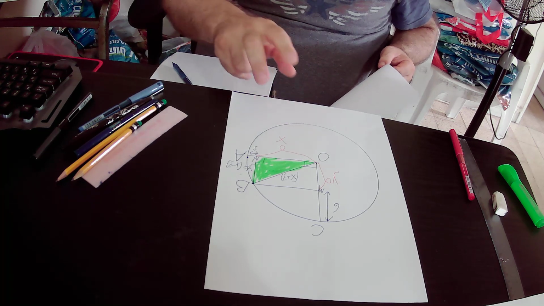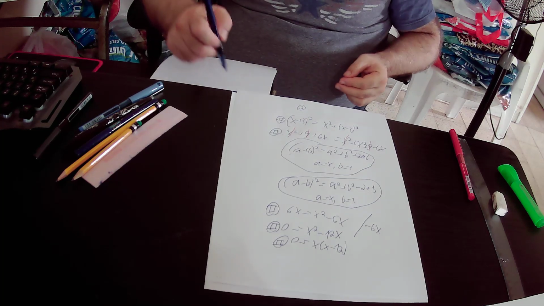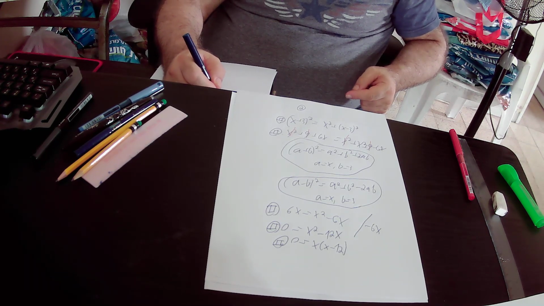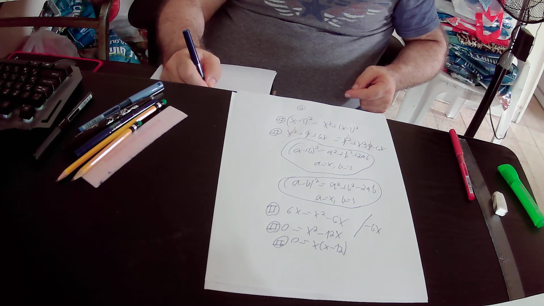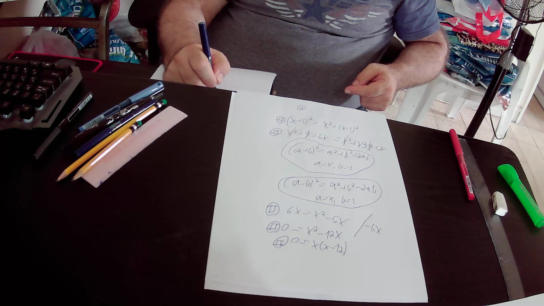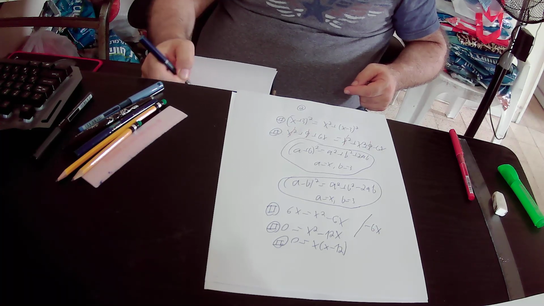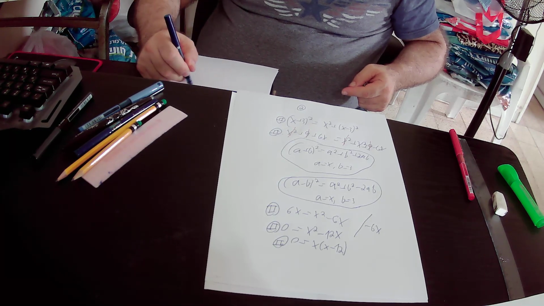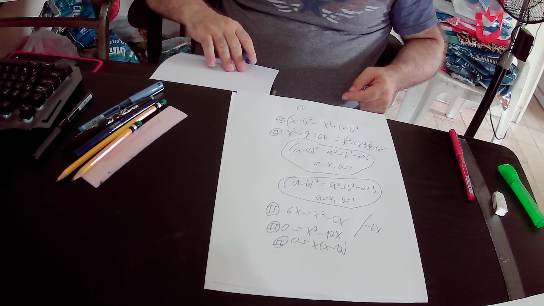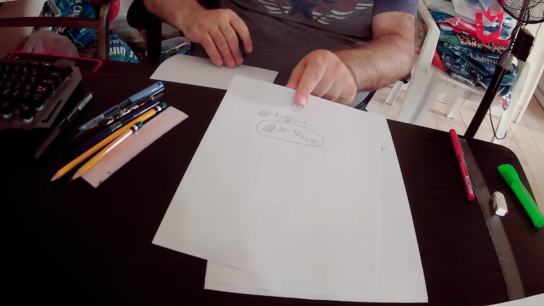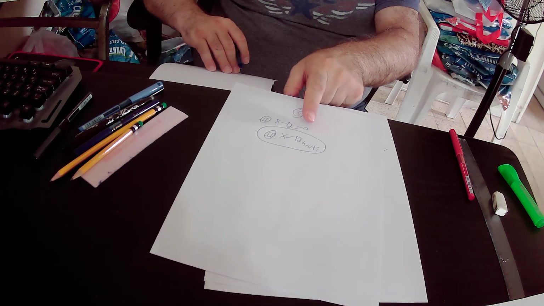The other solution is that x minus 12 equals 0, and then x equals 12 units.